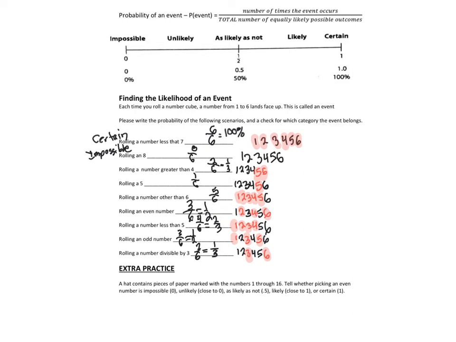Next one, 1/3. So that's not 0, but it's not quite 50%. 1/3 is 33%. So that's going to be right towards the unlikely. So it could happen, but it is unlikely.